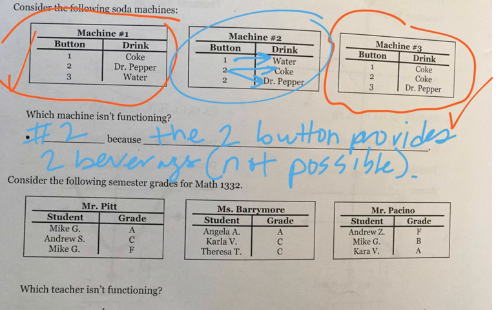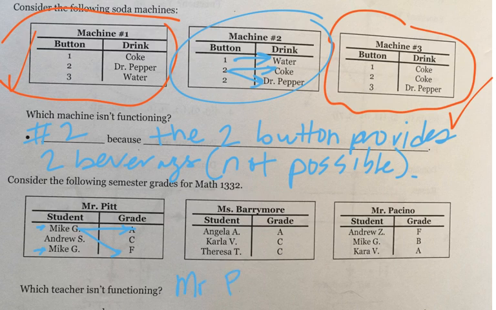And so which of these teachers, I'm putting it in quotes, you can't see it, but which of these teachers isn't functioning? So if you think about it, if Mike G is the same person in Mr. Pitt's class, is it possible for him to have a following semester grade that is an A and also receive an F? That is not possible. So which teacher isn't functioning?